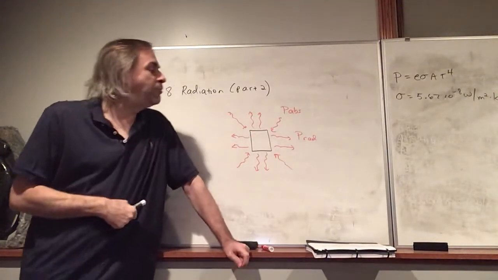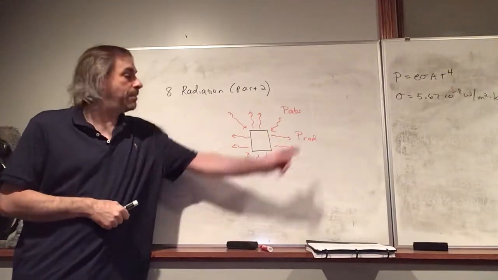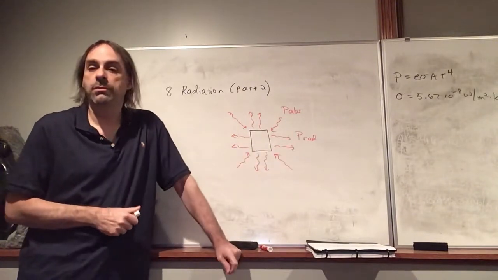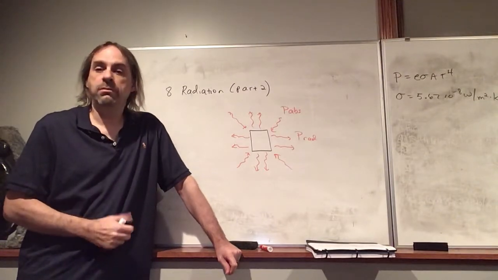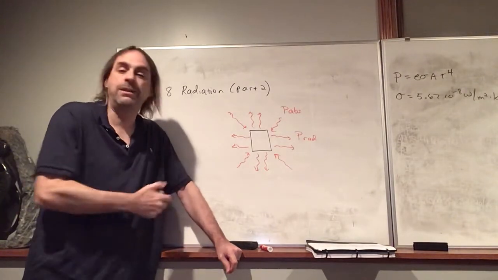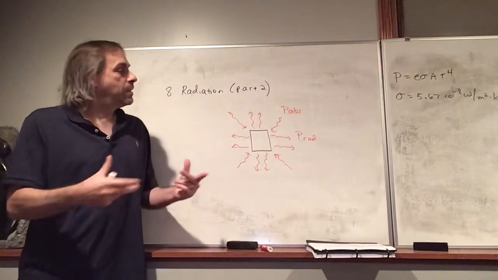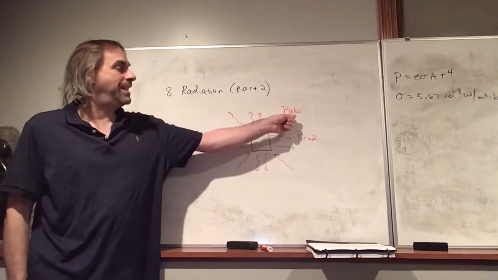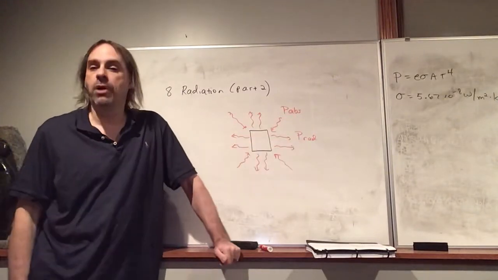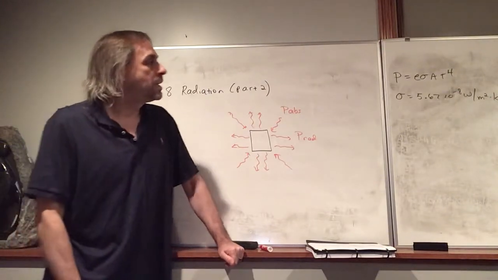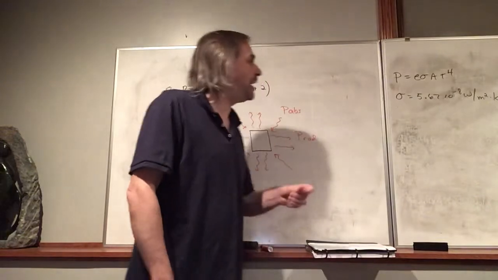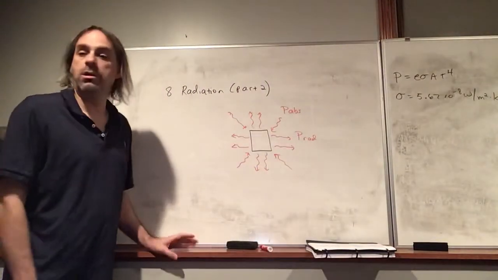And when an object is in equilibrium, these two are equal to each other. So say you have an object at room temperature and you just leave it there, it remains at room temperature. So what that tells you, it's absorbing energy at the same rate that it's radiating energy. So this is a power radiated, that's also the power absorbed.